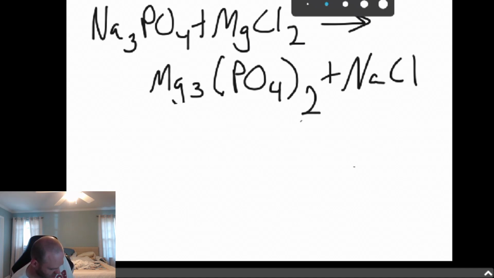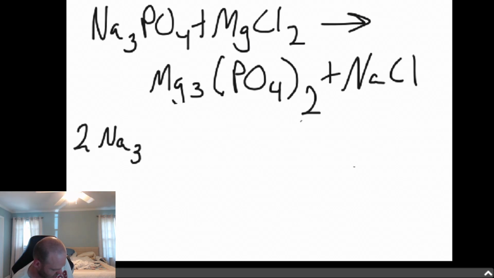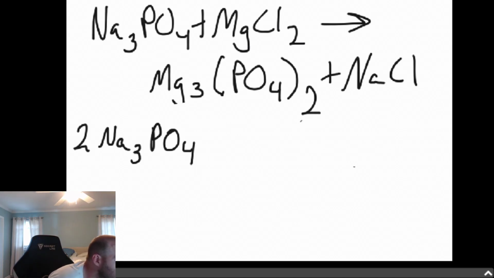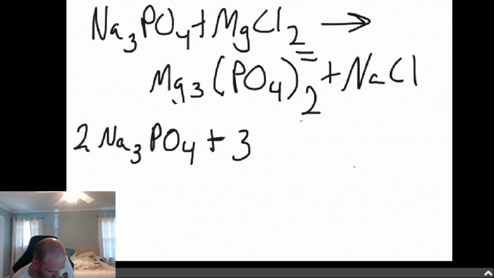So in order to make 6 sodiums, I need to do 2 Na3PO4. Okay? Let me make sure I'm copying that right from the book. Yeah, okay. Alright, and so then on this side, 2 is my lowest, so let's do 3 times, and I'm trying to get 6.